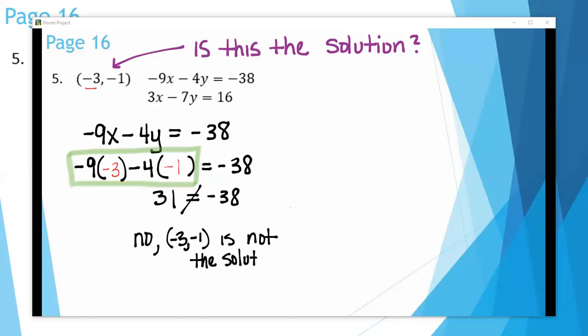And I don't need to go any further and check it in the second equation, because in order for it to be true, it would have to be yes in both. All right, let's check that in one more. I'll wait a few seconds and then I'll put up our next example.